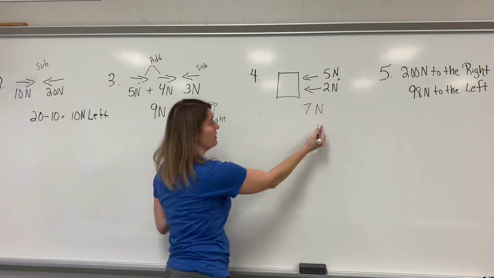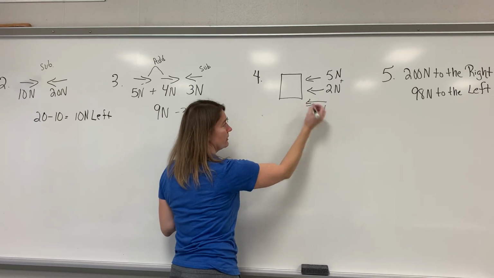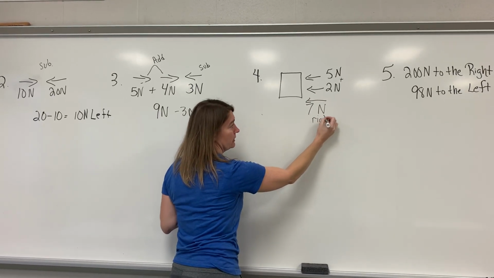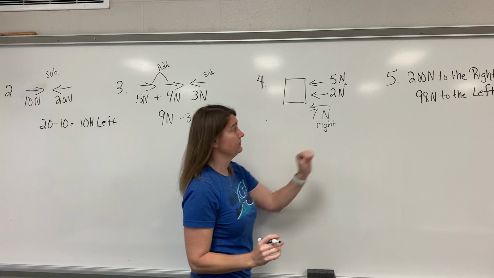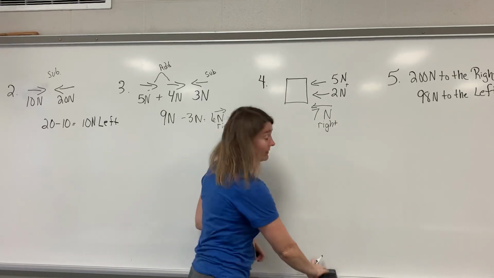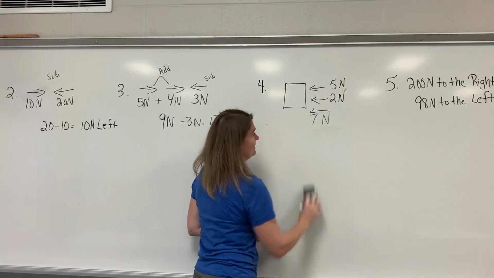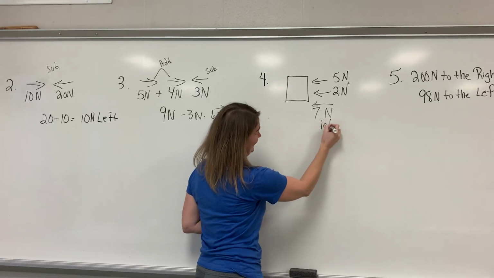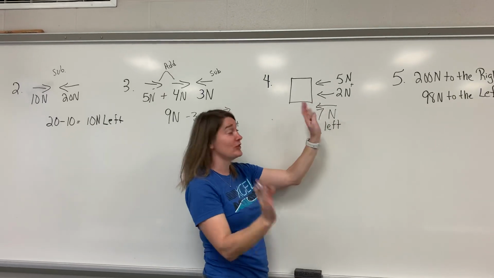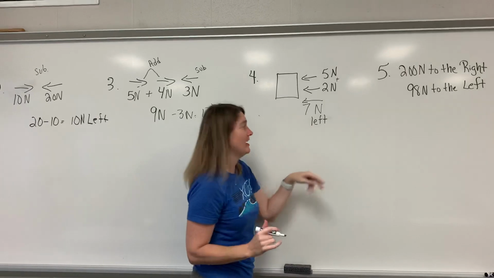And which way are they going? This way, which means right. Oh, I'm sorry, I need to know my right and left. This is left. That's why I said if you need to, use the arrow, and you don't even have to write right and left.